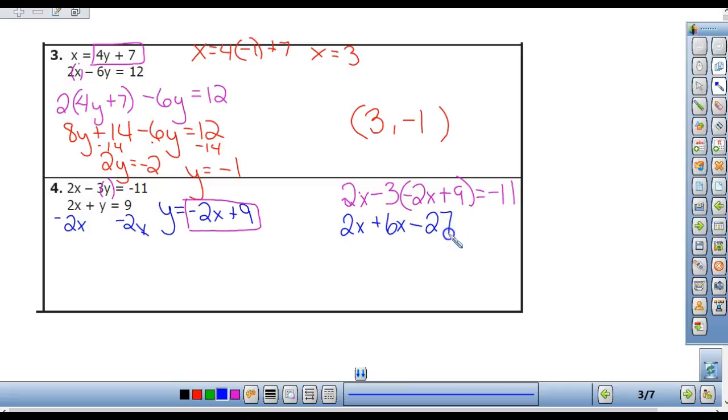Good, minus 27, because we've got that -3 going to the +9. Good job. Equals -11. So 8x equals 16. Good job. And x is 2.